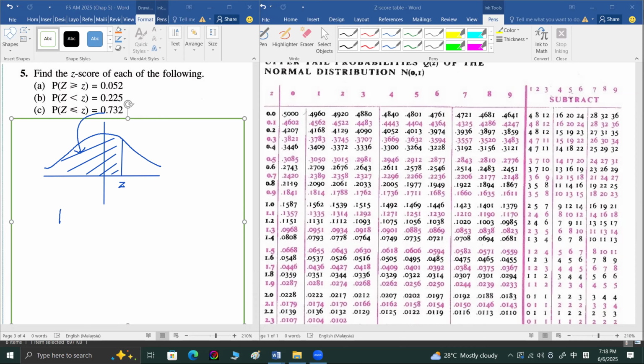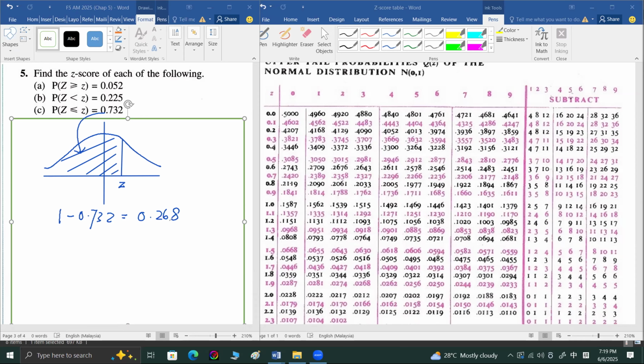Because it's too big, I can't find it. The maximum is 0.5. When you see an area greater than 0.5, you use 1 minus. So I get 0.268. So I change to this region, 0.268.